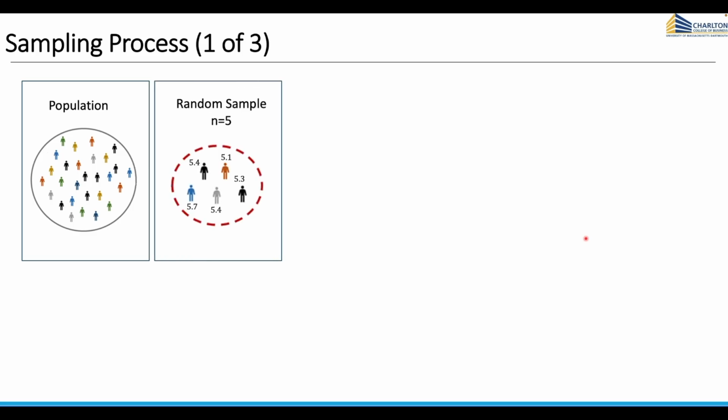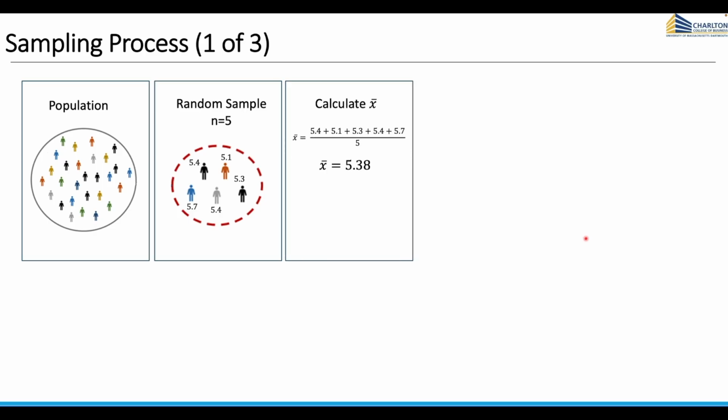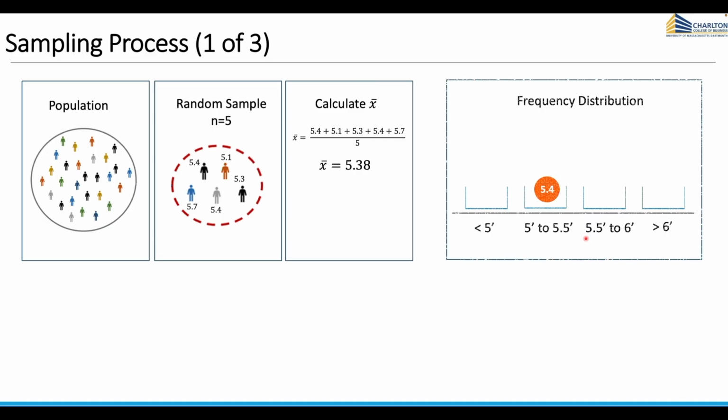The sampling process starts with identifying the target population, then taking a random sample, measuring the target variable of each individual in the sample, and calculating the average height of the people in that sample. Then we can put that average on the frequency distribution.